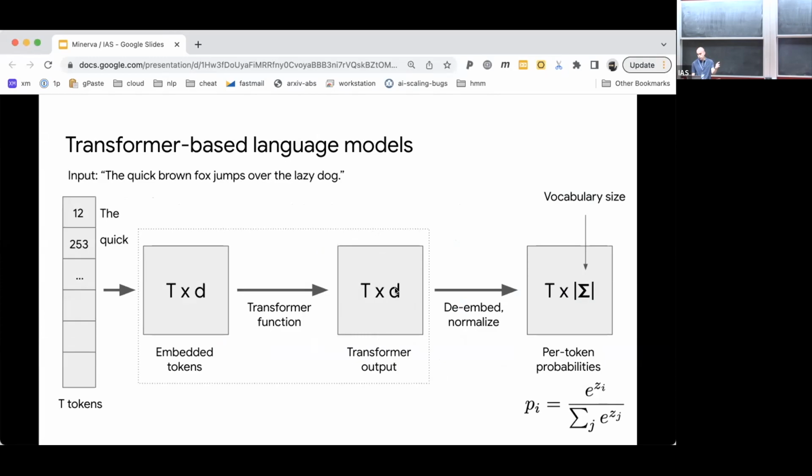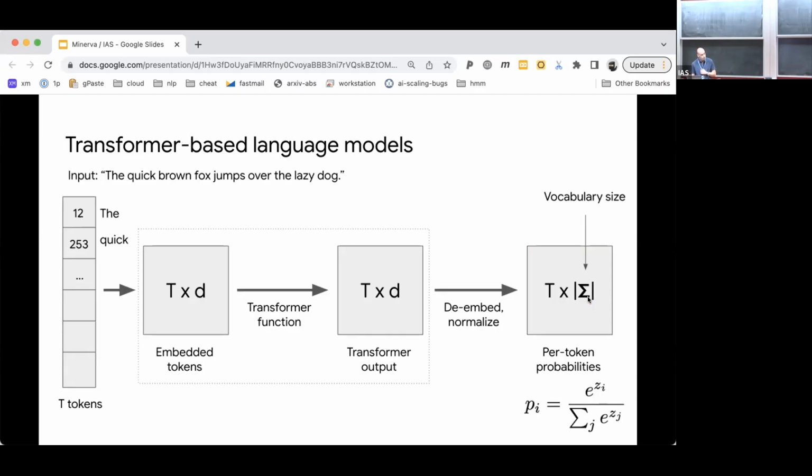So we do a linear transformation that changes every vector that's D-dimensional into a vector that's sigma-dimensional. So now we have something that we could maybe interpret as unnormalized probabilities, and then we just normalize them. We rely on the training procedure to turn these into sensible probabilities, but there's nothing in the architecture that says that these should be probabilities.